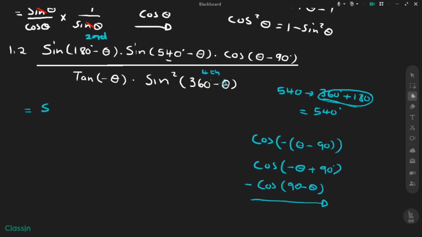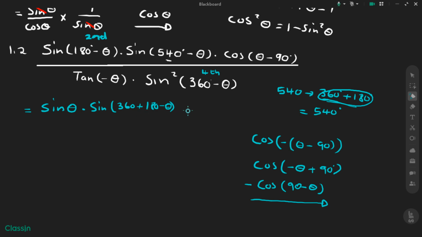Then we have sine, okay. Now we check. According to our reduction formula, where do we find 180 minus theta? In the second quadrant, and in the second quadrant sine is positive. It means that we have sine theta here. What about this? This is the same as sine of 360 plus 180 minus theta.